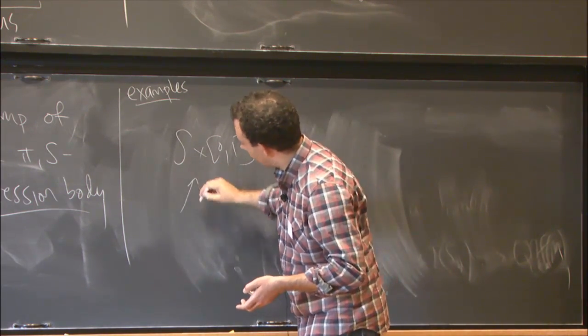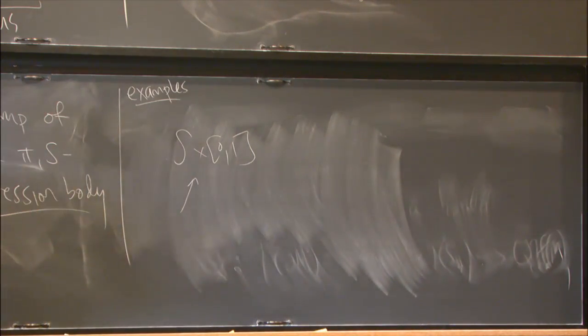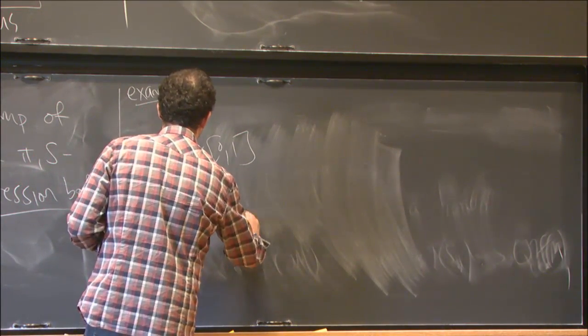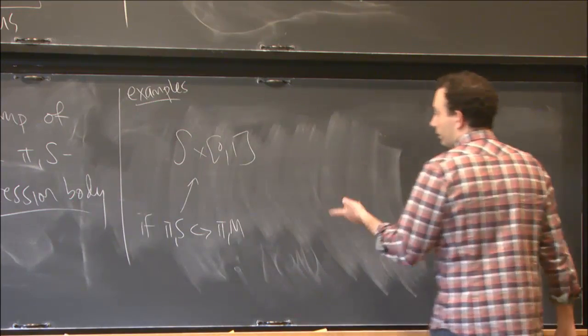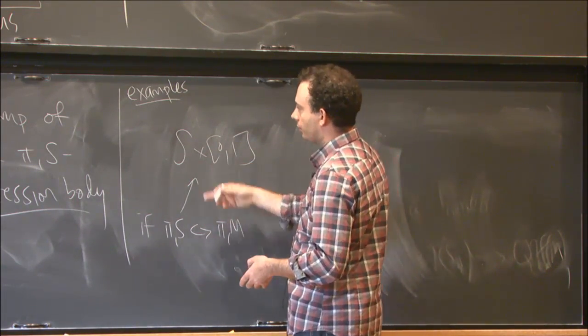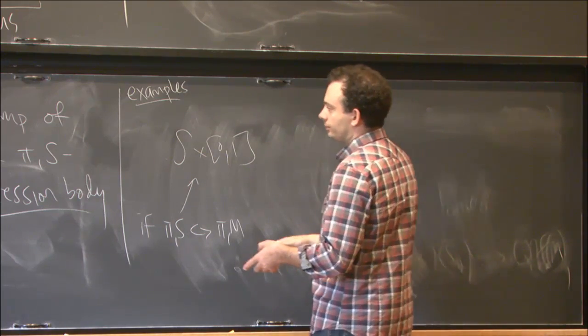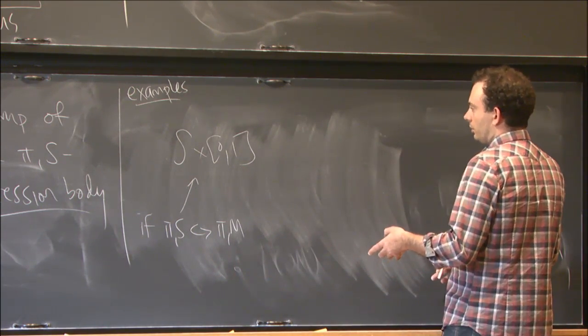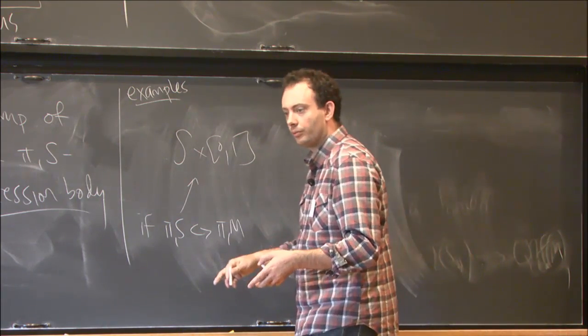And how do you get this as a cover? Well, you get this as your cover if the inclusion of pi 1 of S is injective. So if pi 1 of S injects into pi 1 of M, then I get S cross [0,1].